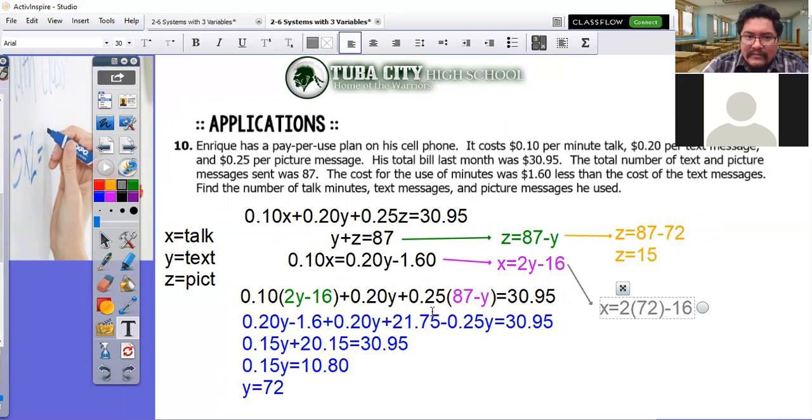I don't know if that really makes sense. Oh well, we have no choice but to trust it now. All right, so x equals 2 times 72, 144, minus 16. So 144 minus 16 is going to be 128. So x equals 128. So the number of talking time is 128.